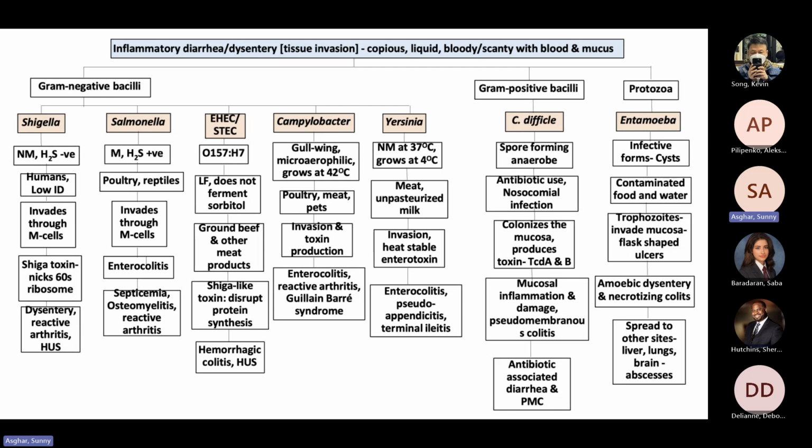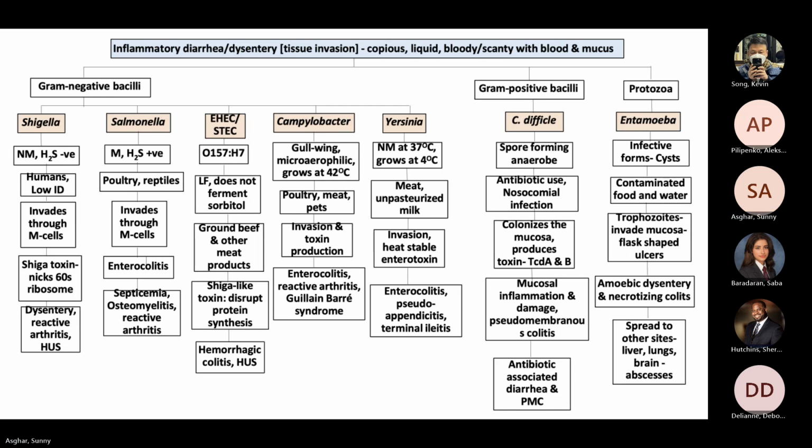And then finally, we move on to our protozoa. Remember, we have the infective form, and then we have an active form. Infective forms are usually cysts, and that's transferred to contaminate food and water. Then we have our trophozoites, which are the active form, and they are going to invade the mucosa and cause flask-shaped ulcers, right?